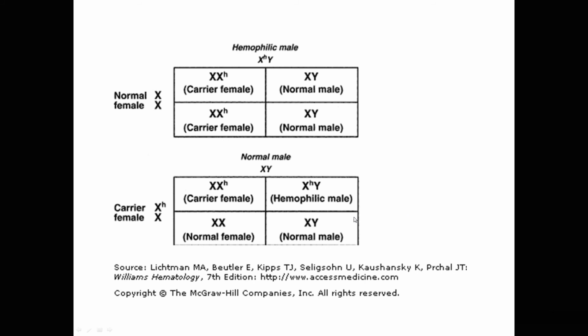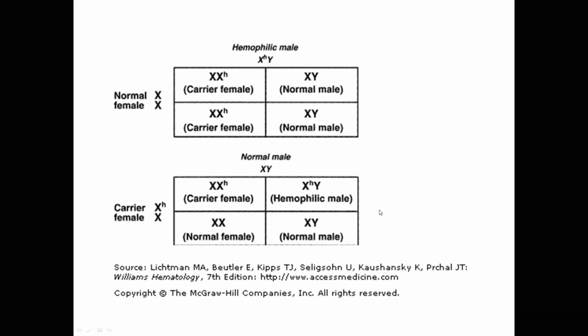In other words, the sons of a hemophilic male are healthy while the daughters are carriers. And later, the carrier daughter, even with normal male partner, will produce a hemophilic male. Thus, boys are the patients.